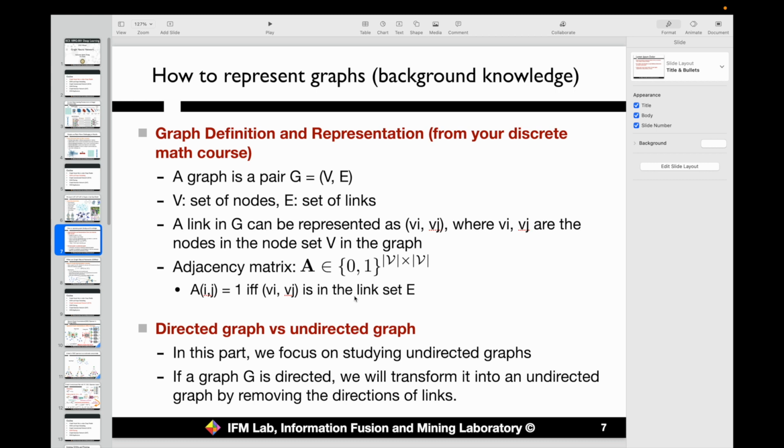In other words, these edges inside the graph will have no direction at all. Therefore, if we have some data sets and the graph is directed, then we may consider to transform this graph into an undirected graph instead by removing the direction of the edges inside the graph. So for this stage, we will also have one project, and some of the graphs are directed. Therefore, you have to remove the directions in the graph. Then you will be able to learn the representation of the nodes inside the graph data.